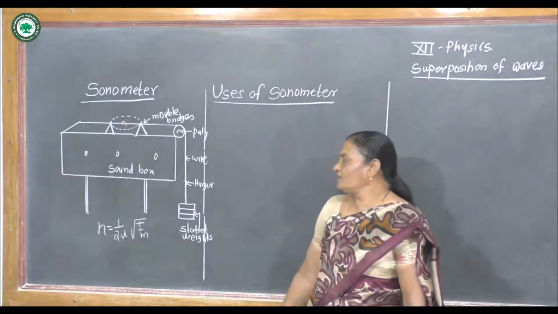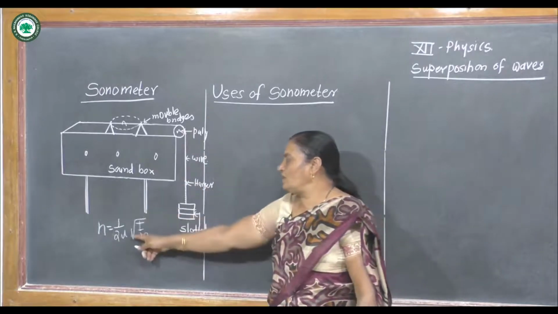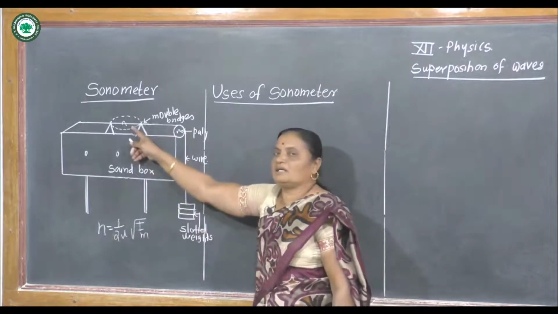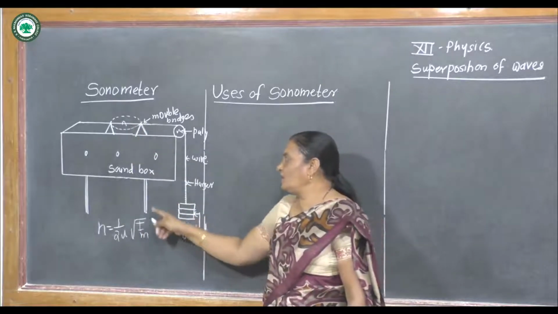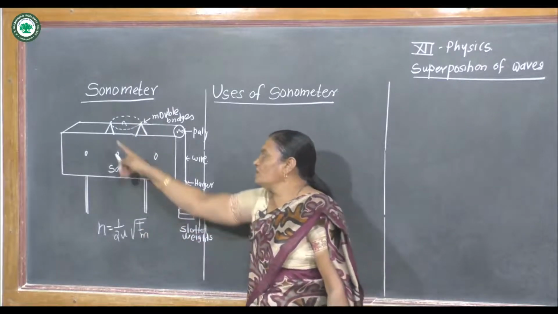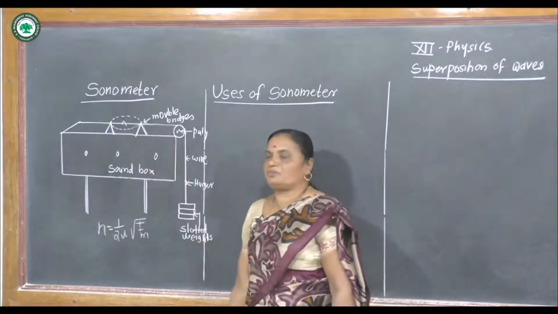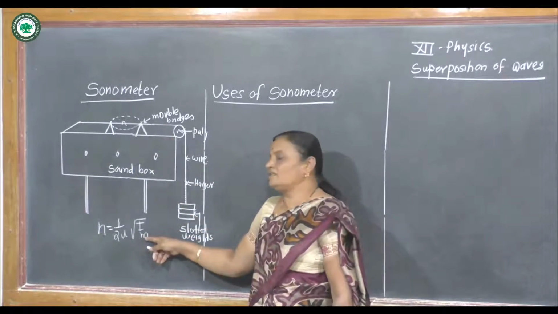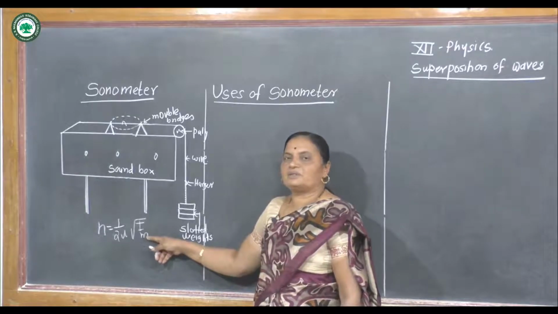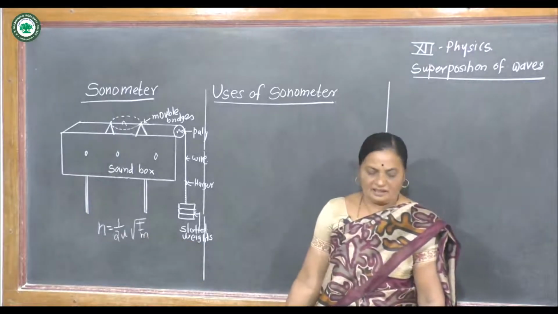Substituting all the values, the vibrating length from here, tension applied from here, we can record the mass of 100 centimeter of the wire and divide by its length. It is linear density, called mass per unit length.